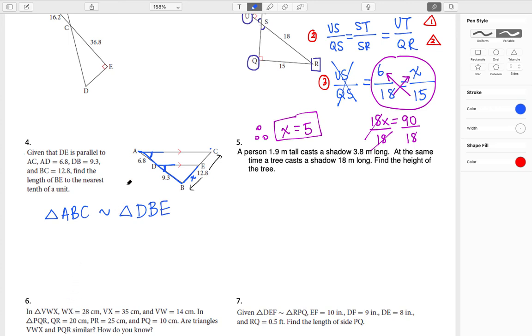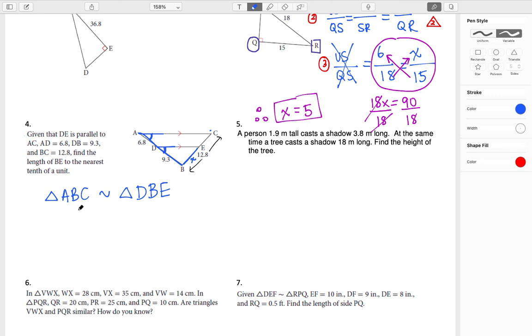Now that I have the similar triangle statement, let's write down the proportionality. So I could say AB is proportional to DB, BC is proportional to BE, and AC is proportional to DE. Okay, and now let's plug it in.